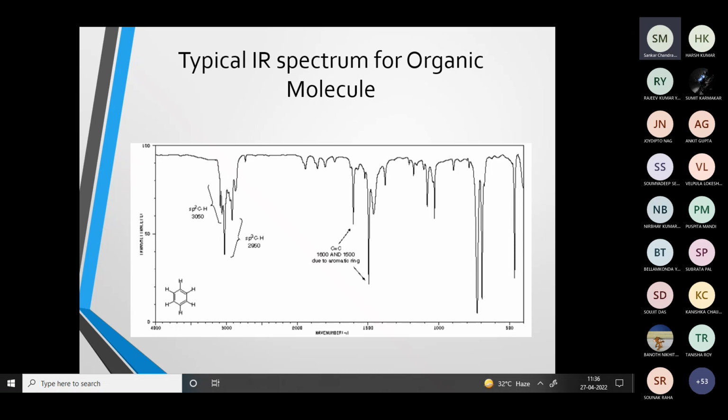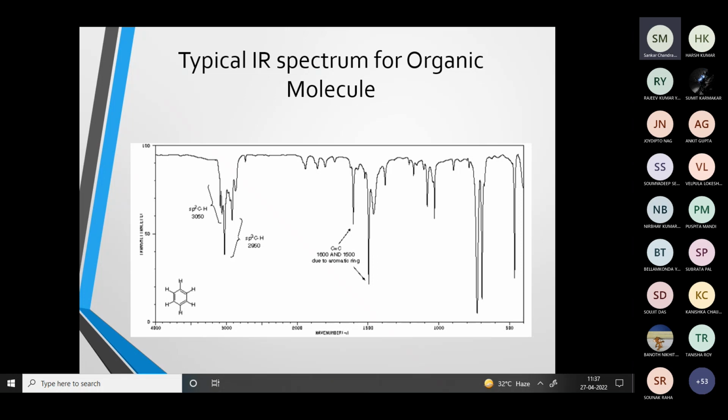At the same time, the carbon-carbon double bond peak is observed between 1600 and 1500, as well as the carbon-carbon single bond, which actually is not a pure single bond but in between single and double bond. Their corresponding peaks are very important for the benzenoid structure. Their specific wave numbers are very important to identify the compound.